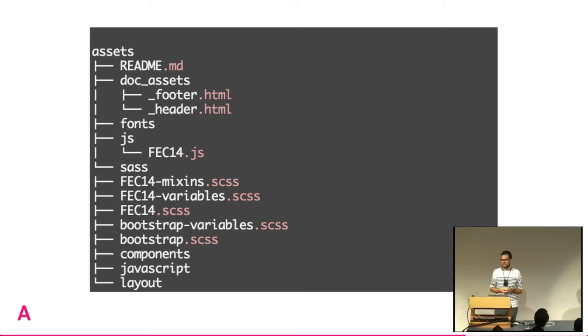You can use your own structure, but we say there are the components, the JavaScript-related components, and the layout. We also create a folder which is more branding. And as you can see, there's footer HTML and header HTML. It's simply to render the style guide. You can change what you want on the top and on the footer. So it's really easy to use and to change how the style guide appears.